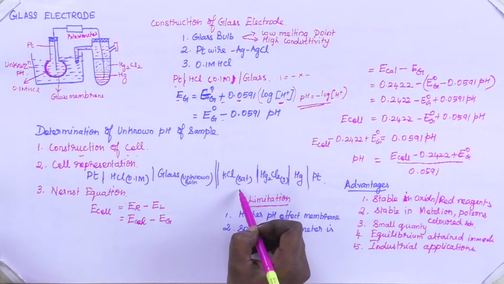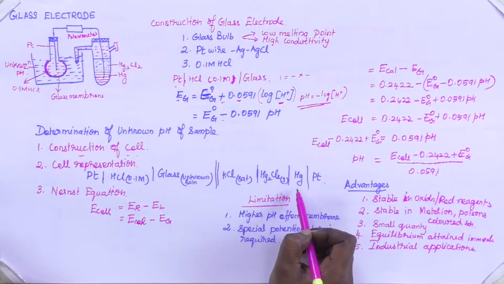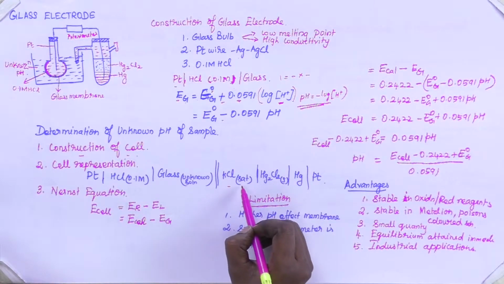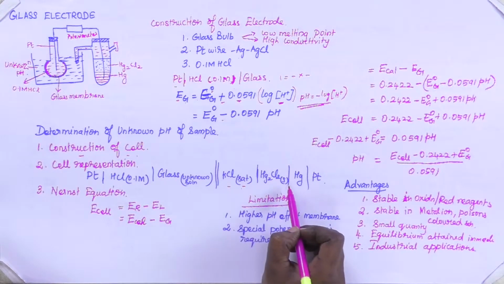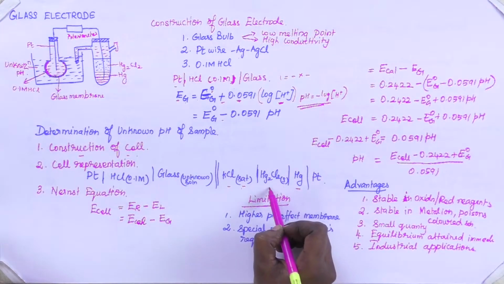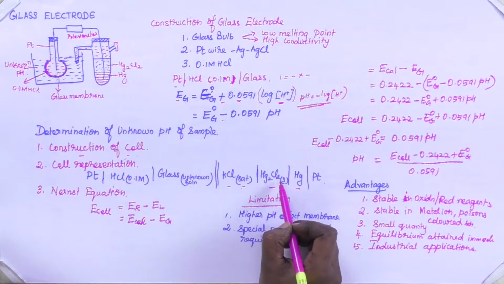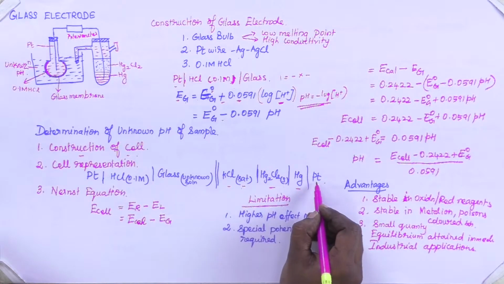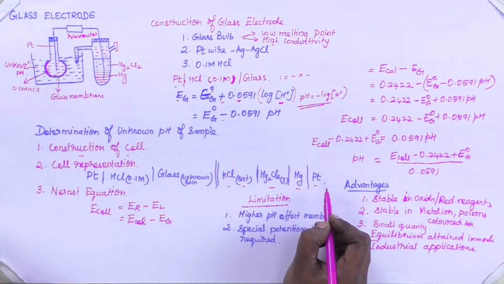And the cell representation of the calomel electrode is now written in the cathodic part: KCl, in saturated form, used as the electrolyte, and here it is a metal insoluble salt. So mercury is here, and mercurous chloride, Hg2Cl2, which is solid in nature, is next, and for electrical contact you have a platinum wire.